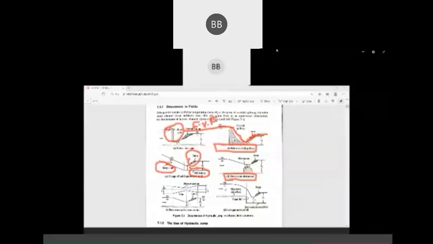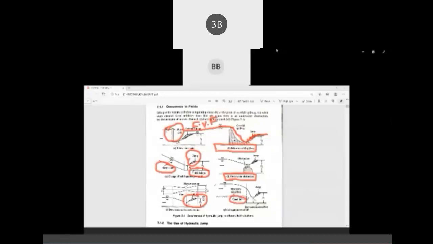Here also, if you have a cross section like this, then again you can observe some jump in the narrow section. This is what we are discussing about canal fall.